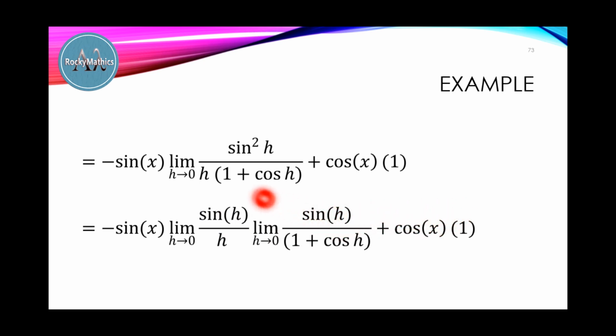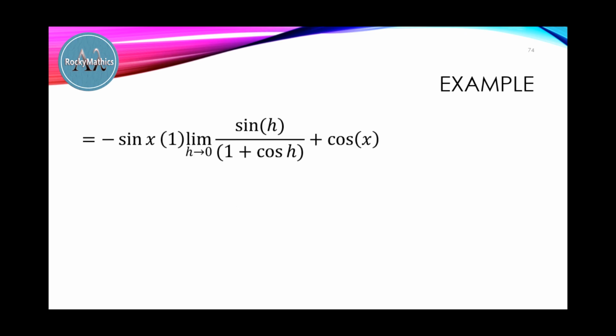This one is very obvious, this is equal to 1. So we have negative sine x times 1, because the limit of sine h over h as h approaches 0 is 1, then the limit of sine h over 1 plus cosine h as h approaches 0, plus cosine x.